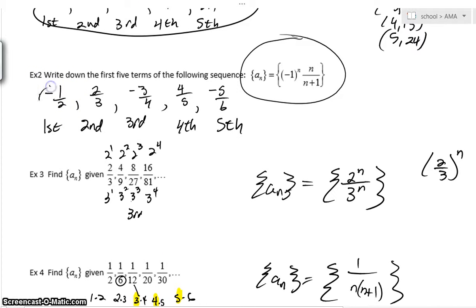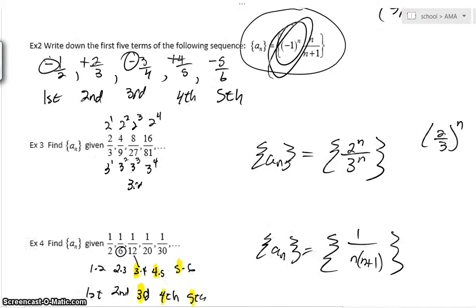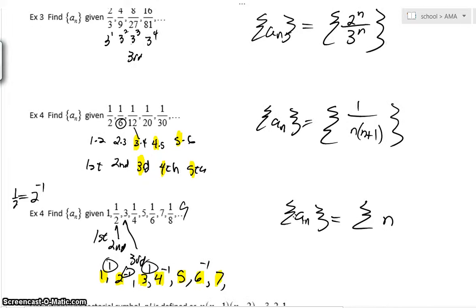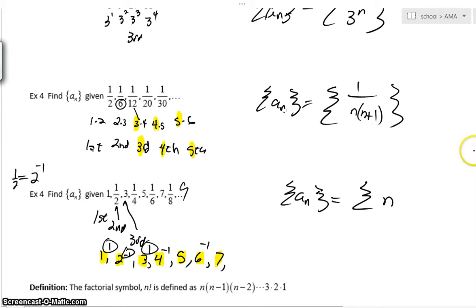Weren't we changing from a negative to a positive before? What was doing that? The negative 1 to the n. Now, let's be careful here, because we want to begin with a positive. If I just wrote negative 1 to the n, for my first term I'd go negative 1 to the 1, and it would be negative.